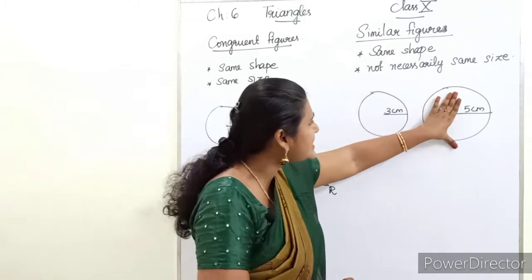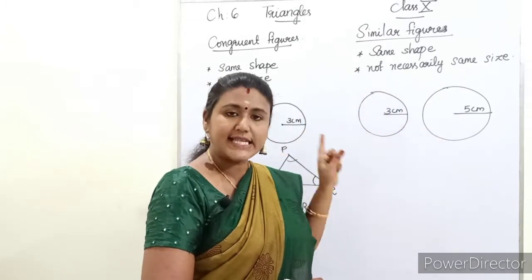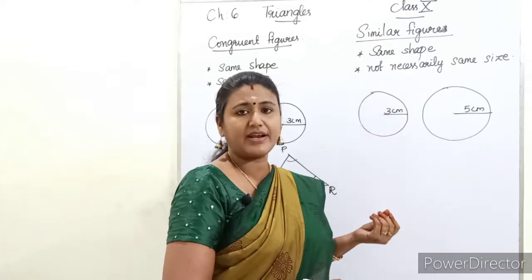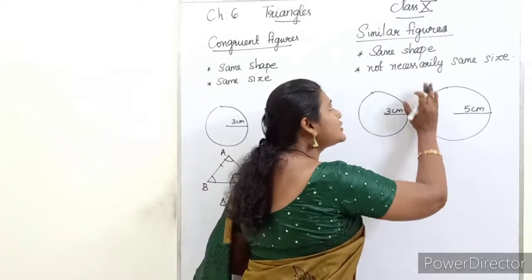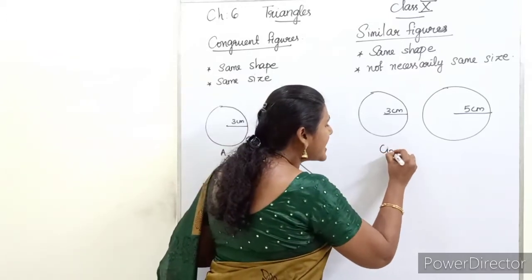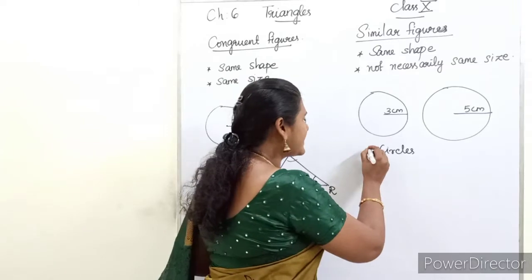Why? Because here the shape is same. Both the figures are having same shape but the size need not be same. Here the radius is different but the size need not be same. So I can call these two circles as similar figures. So circles are similar. Let us see few examples of similar figures.